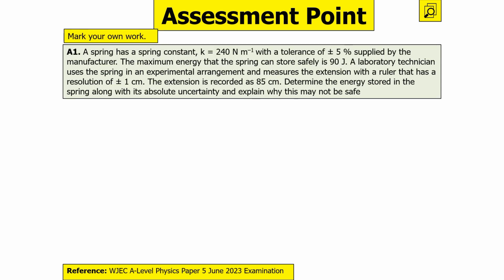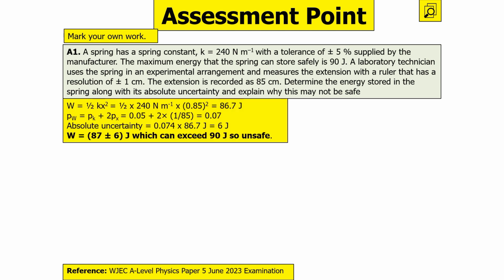Right, well we know that the energy stored is elastic potential energy, so we can say it's a half kx squared. Now we've got the extension and we've got the spring constant, so it works through to be 86.7 joules. Now we can also work out what our uncertainty is, because we know it's going to be plus or minus 0.05, which is that 5%, plus 2 times 1 over 85.